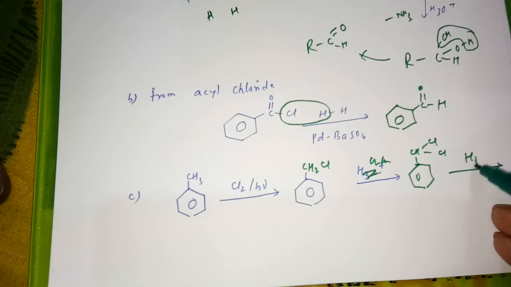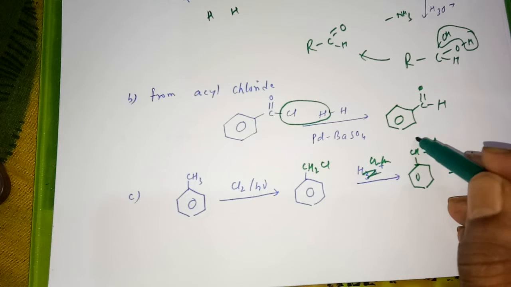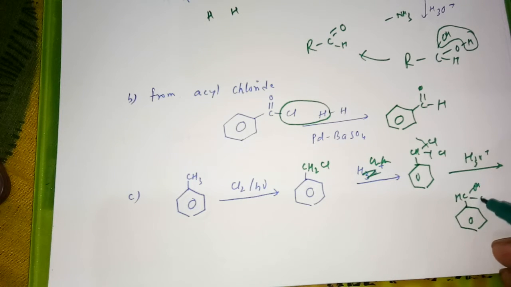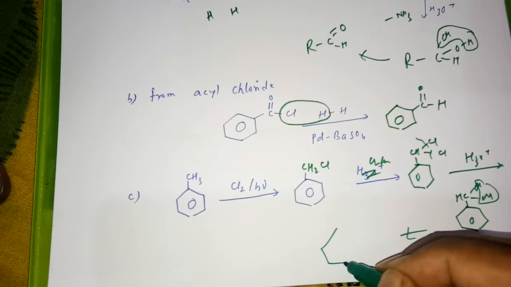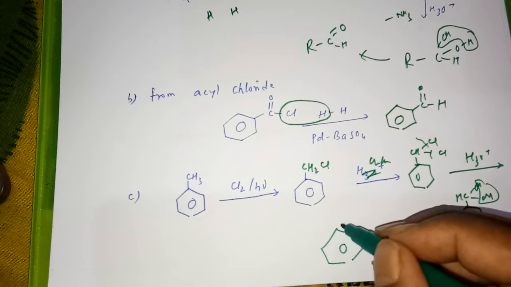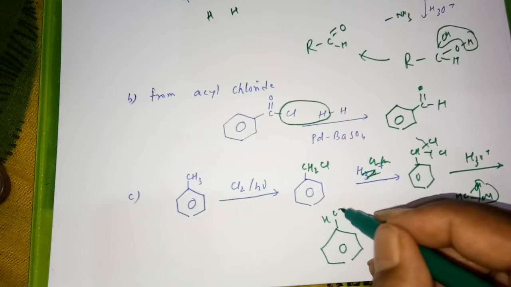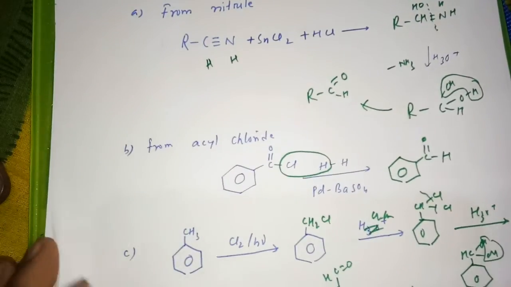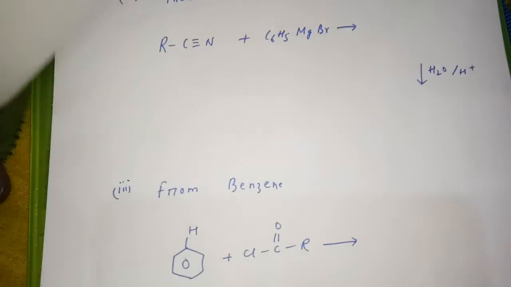So in presence of H3O positive, it is hydrolyzed, so it will be like that, CH(OH)2. There is a loss of water. So benzaldehyde will be formed like that.